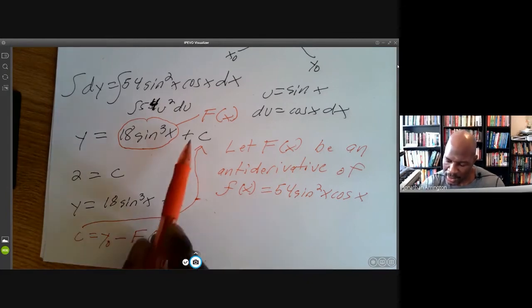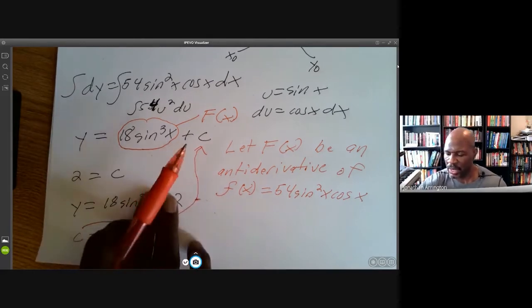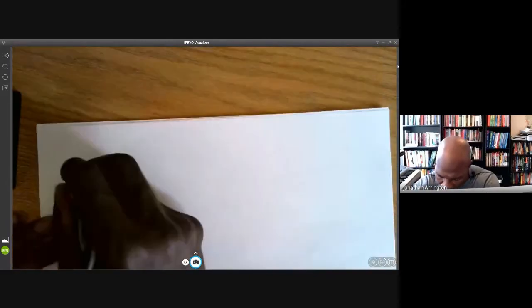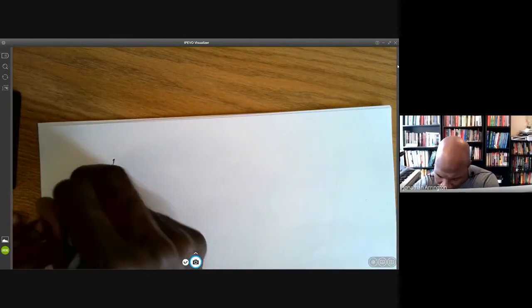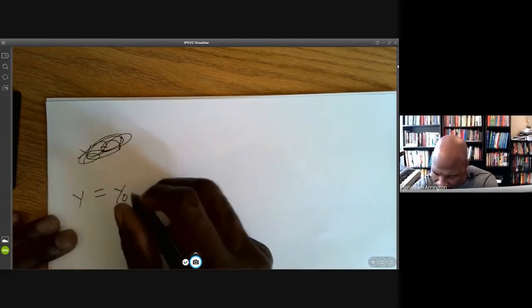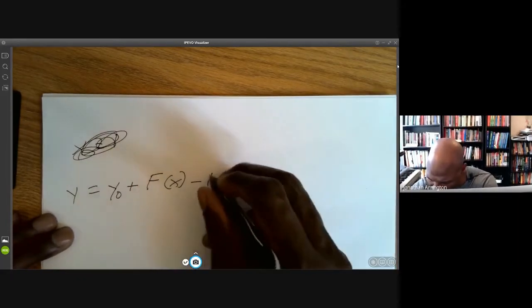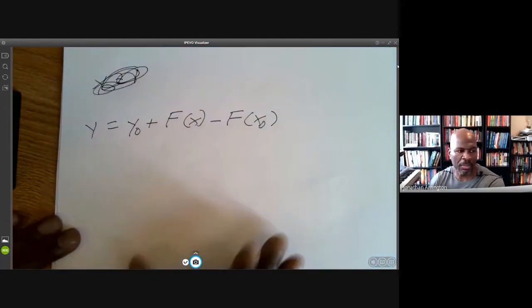So let's write that and make some connections. I was about to write big F first, excuse me. So y is y naught plus big F of x minus big F of x naught. All right, so that's what we got for the particular solution of the differential equation.